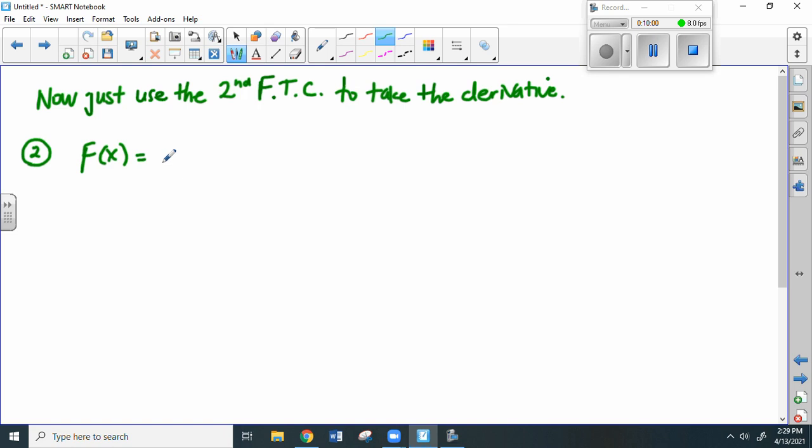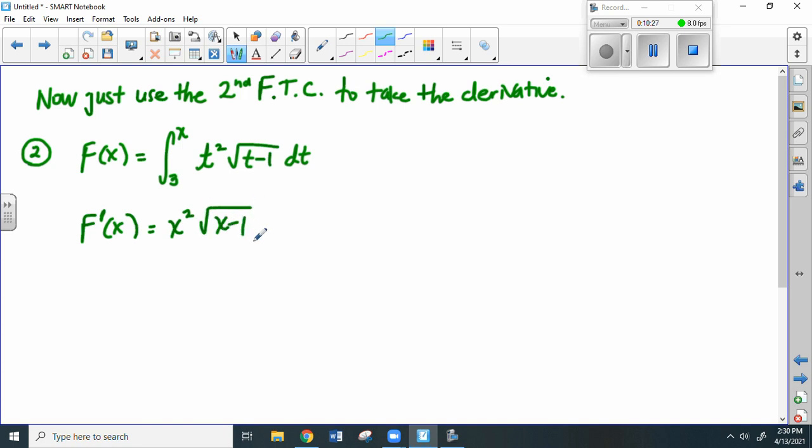So if I tell you that capital F of x is the integral from 3 to x, right? 3 is a constant, top bound is just x. It doesn't matter what the function is. It doesn't matter whether we need u substitution or any of that, all right? Because I'm asking you to take the derivative of it, okay? The derivative of it. All you have to do is change the t's to x's, and you are done.